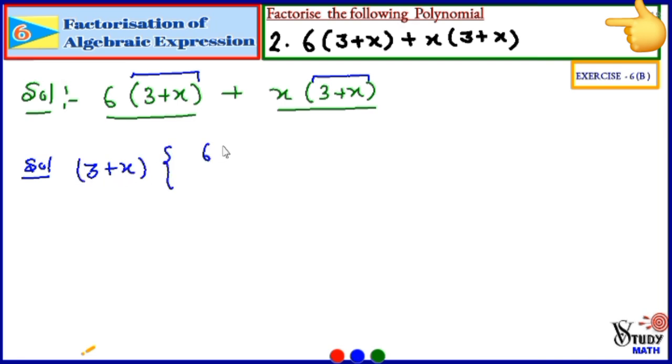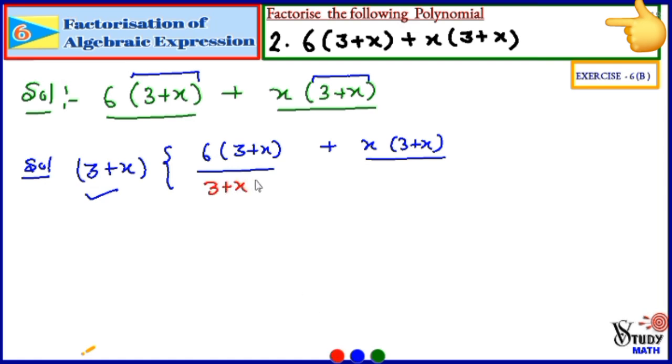And what we do now, 6 multiply 3 + x, again x(3 + x), both the terms are going to be divided by what we take common. So 3 + x is common here, so I'm going to write 3 + x in the denominator of the first term, and 3 + x is again written in the denominator of the second term. Now the curly bracket is closed.